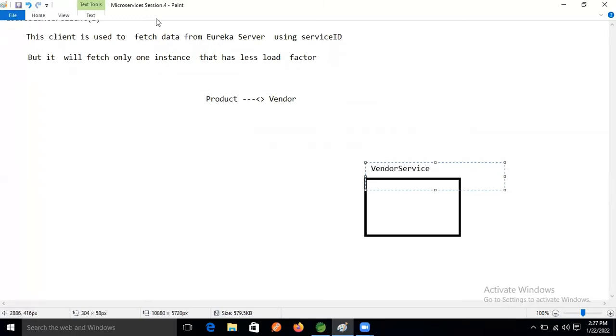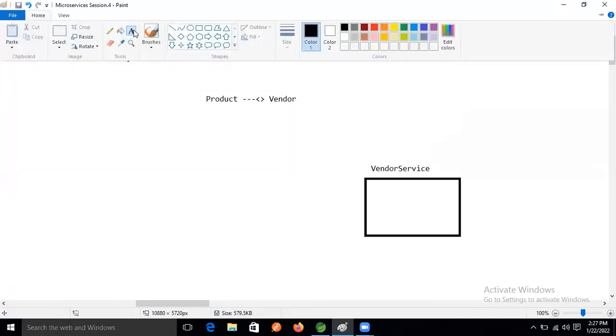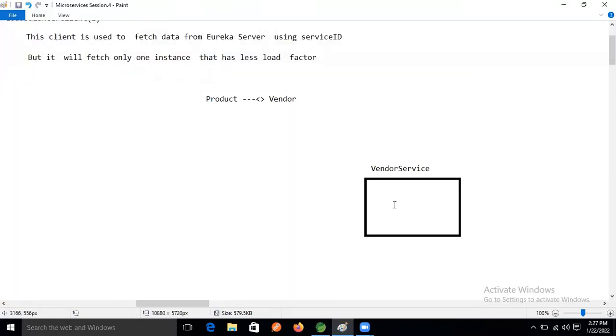After that, in the vendor service project, our producer controller will be there. Let's name it Vendor Rest Controller.